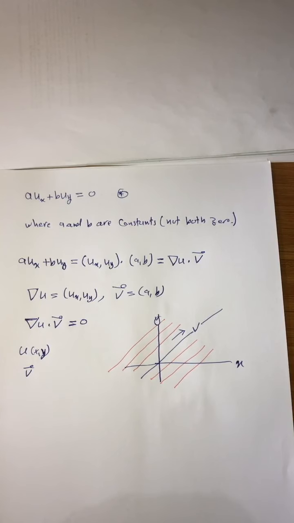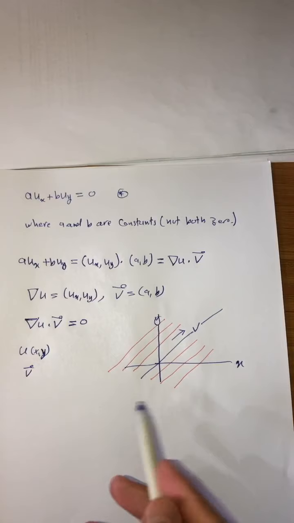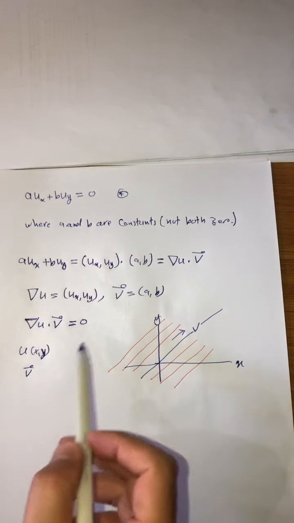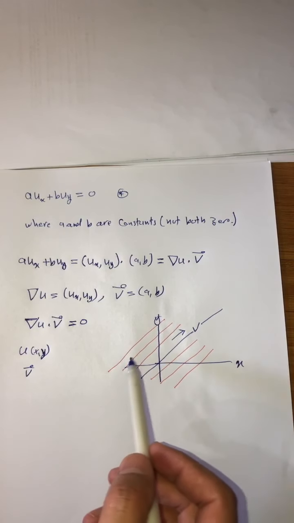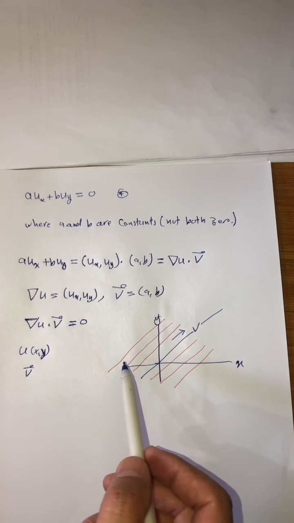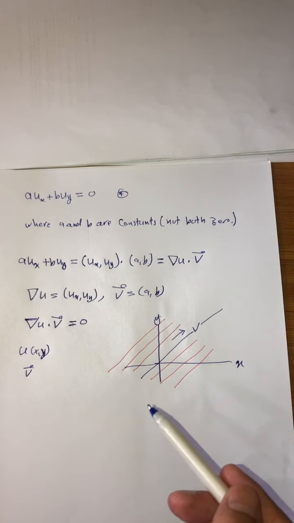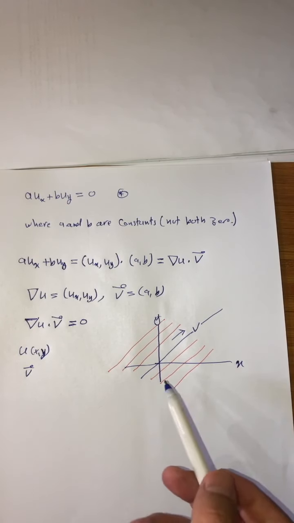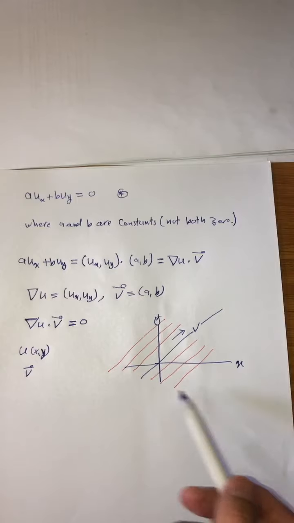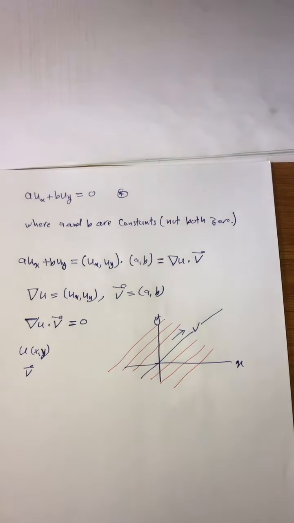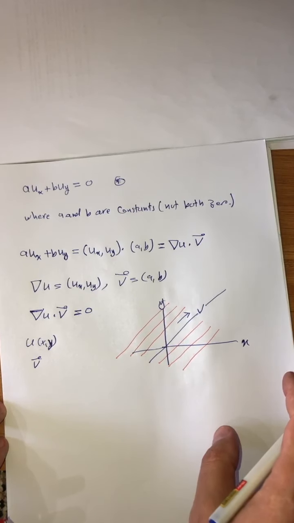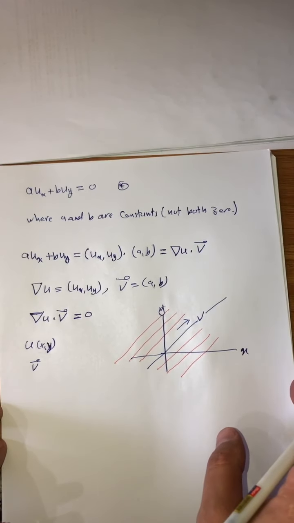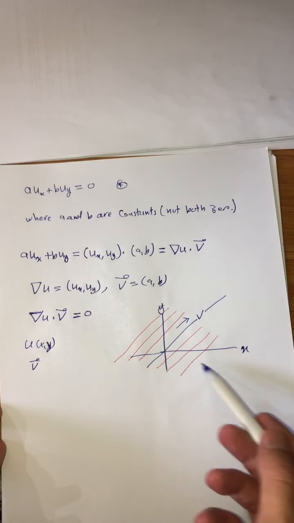So this means that u of x, y is constant along each characteristic line. However, the constant might be different along different characteristic lines. In other words, u of x, y is actually a function of the characteristic line.